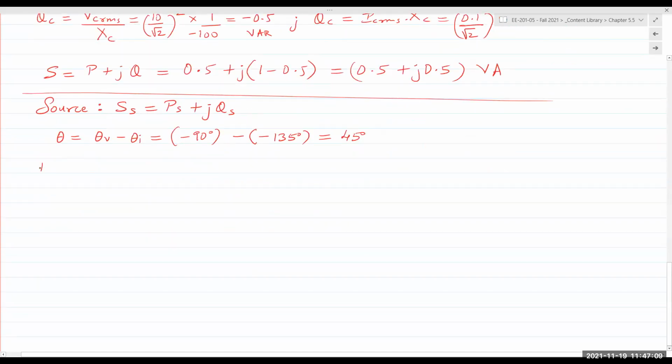So P is VRMS times IRMS times cos of theta. VRMS for the source would be 10 divided by root 2.